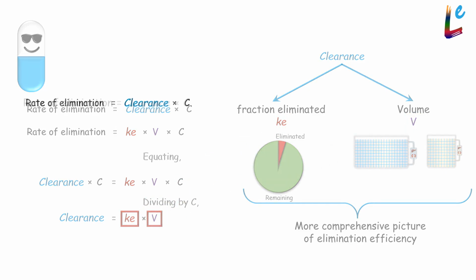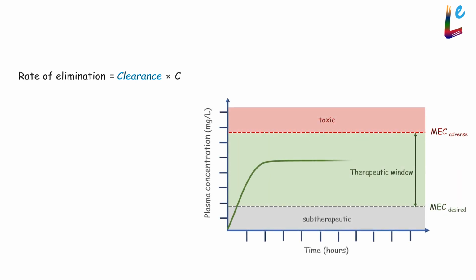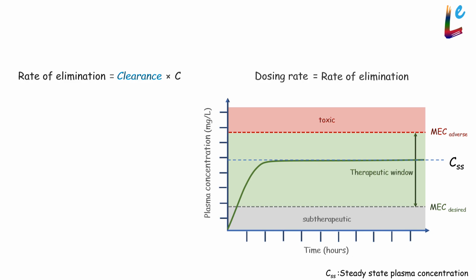Now let's come back once again to this equation. Rate of elimination is equal to clearance multiplied by concentration. In the previous video, we have seen that the plasma concentration can be maintained at a steady state CSS when the dosing rate is equal to the rate of elimination. So here we can substitute rate of elimination with dosing rate and concentration with steady state concentration CSS.